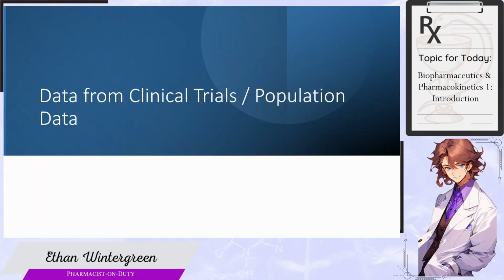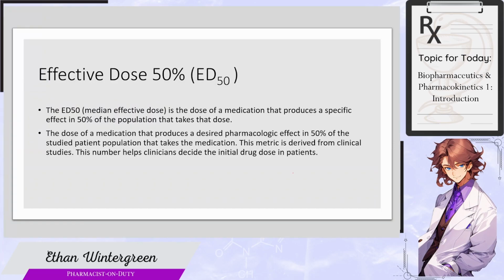So other things to consider is data from our clinical trials. These are just some terms you should be familiar with. When we say ED50 or effective dose 50, this is a statistical value, the dose that produces the response in 50% of the population.